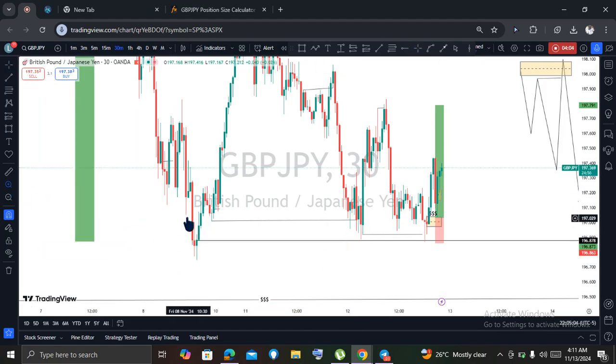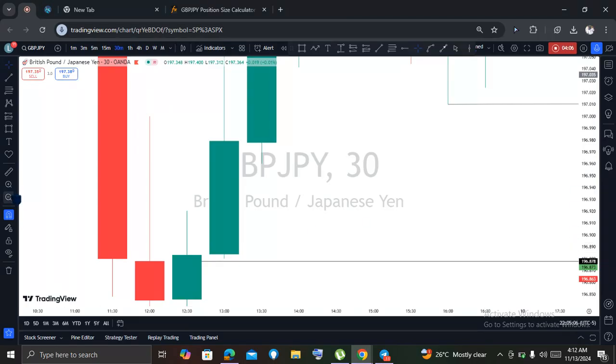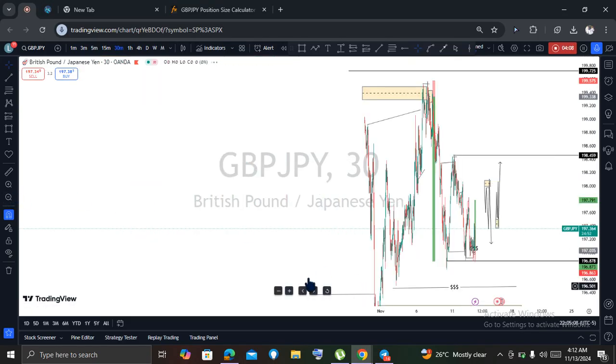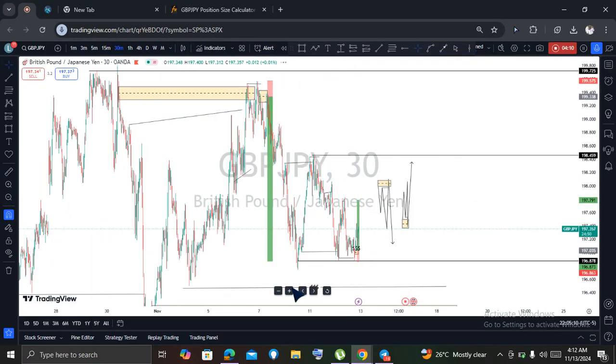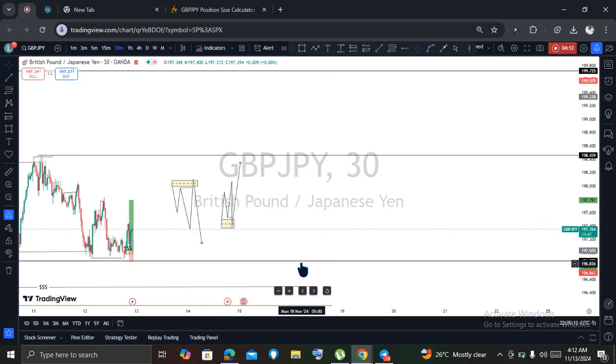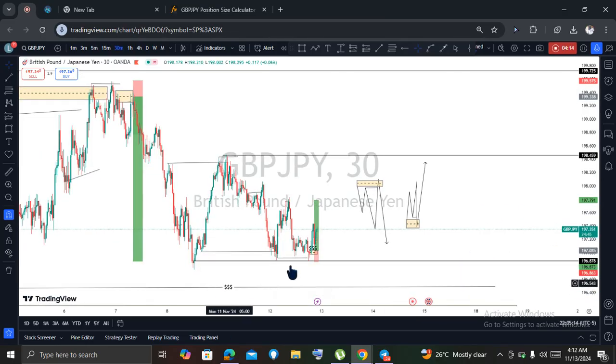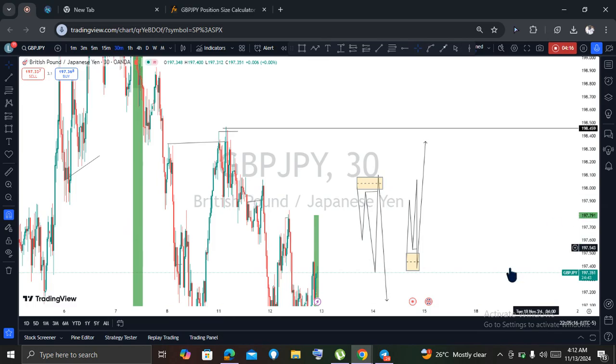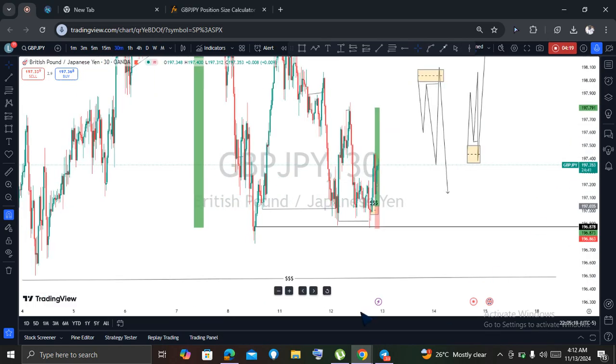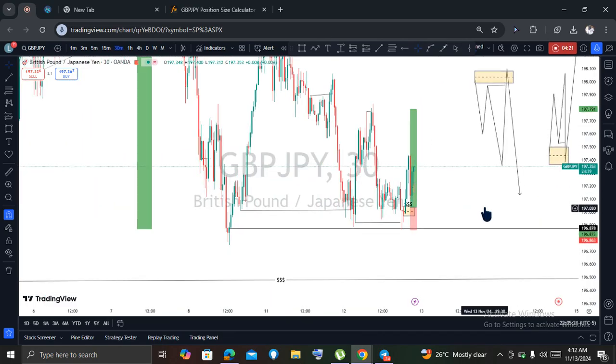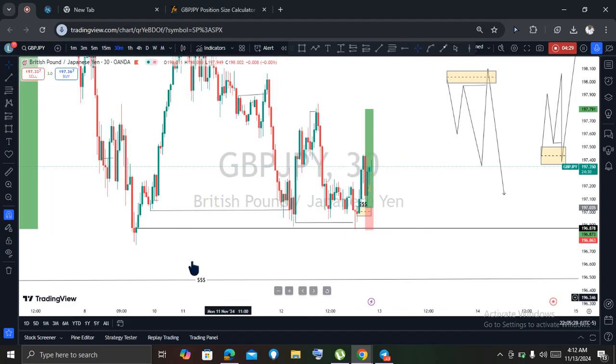If you zoom in, you'll see that there is a fair value gap. Let me zoom in. You see that there is a fair value gap around this area. Around this area, you can see there is a gap between these two candles, right?